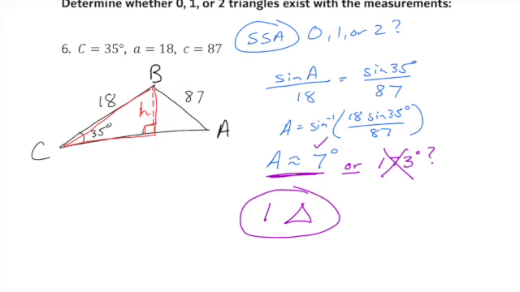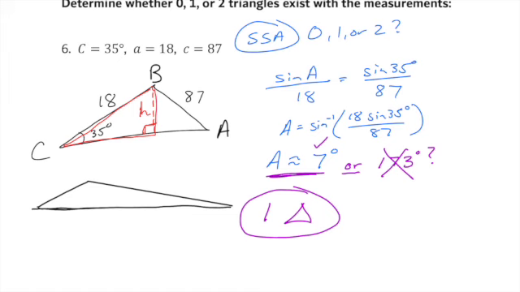If you were to try to swing it like a pendulum here, that would be right out here. If you try to draw this to scale, that would be 18, that would be 35, and the 87 would be so much longer. You have to stretch this bottom out to there, but you can make one triangle from it.